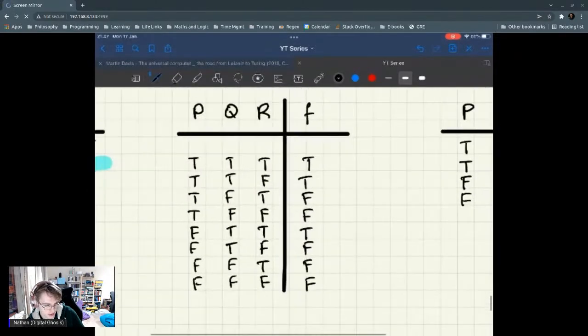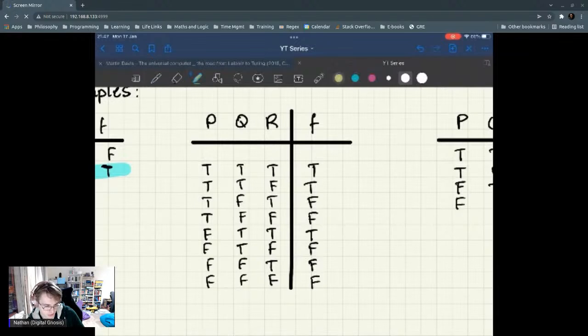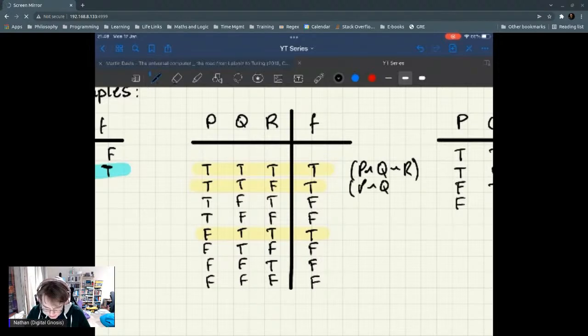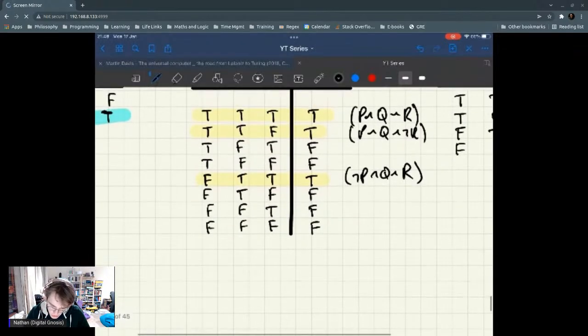Now, what do we do in this second case? Well, we've got truth here, we've got truth here, and we've got truth here. So what we do in this case is we're going to go across our first one and just read it off. So we have P and Q and R. And then in this case, we have P and Q and not R. And then in this case, we have not P and Q and R. And then we're going to just disjunct all of those together.